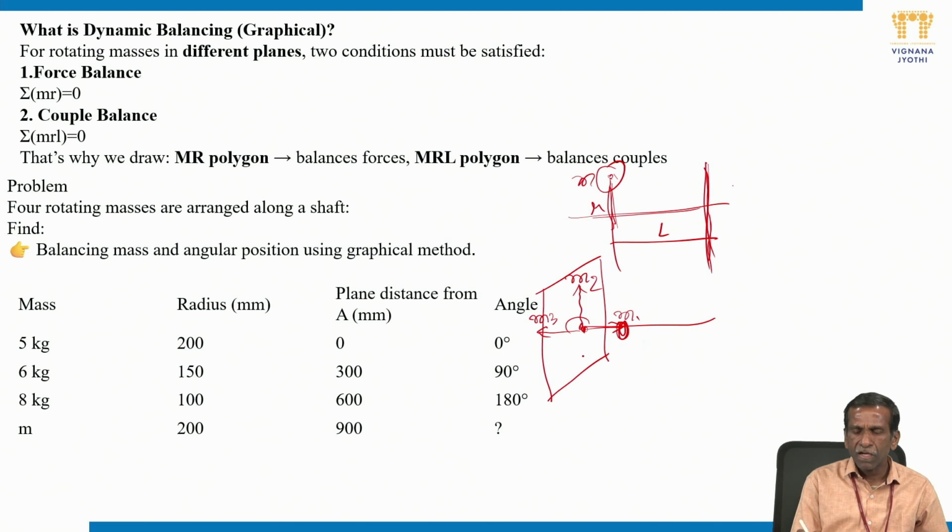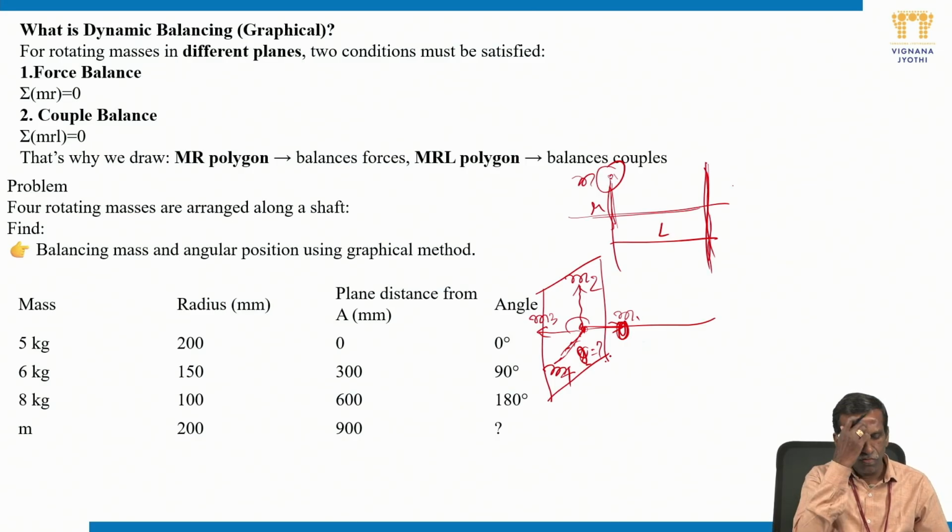And for the fourth one, the radius of rotation is given, but the orientation is not given, and the mass is not given. So how much is the fourth one, what is its orientation? M4, you need to find. Only the radius of rotation is given, but theta also you don't know. Okay, these things you need to find.